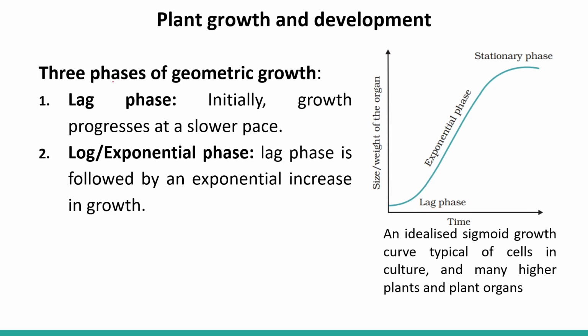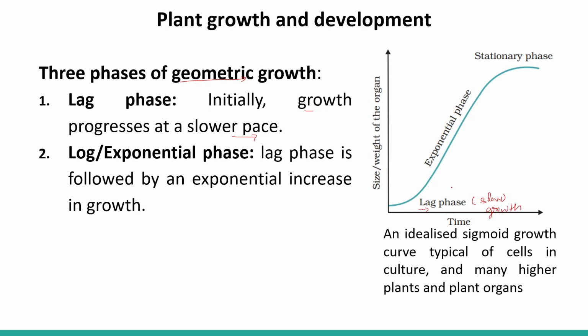Now let's see the phases of the geometric growth. First is the lag phase. Initially, during the lag phase, the growth progresses at a very slow pace. That's why it is known as the lag phase, slow growth.